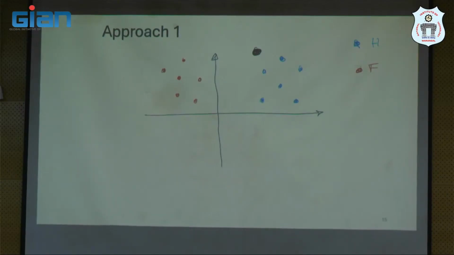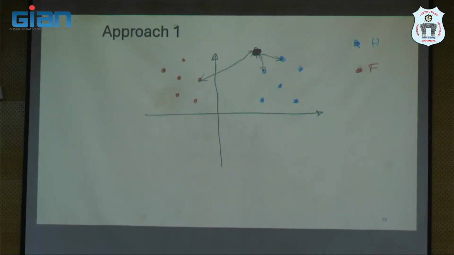Okay, so what we are going to start off with is one data point. We will see the distance of a test data point to its nearest neighbor, or we will try to identify its nearest neighbor. We will calculate the distance. So this is one distance, this is one distance, and this is another distance.